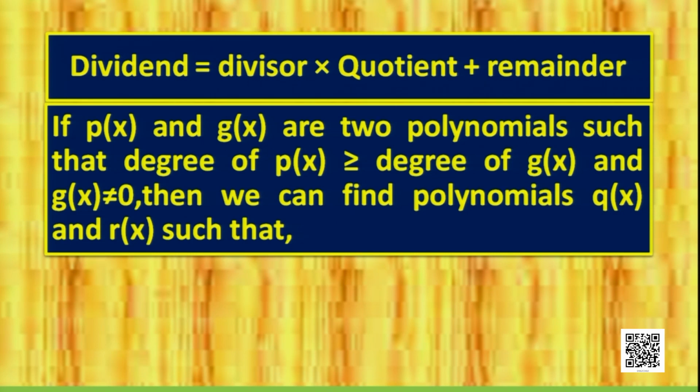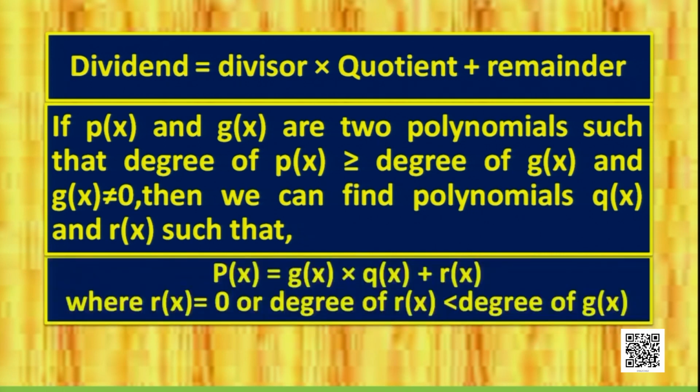We can now summarize it like this: if Px and Gx are two polynomials such that the degree of Px is greater than or equal to the degree of Gx and Gx is not equal to 0, then we can find polynomials Qx and Rx such that Px is equal to Gx into Qx plus Rx.